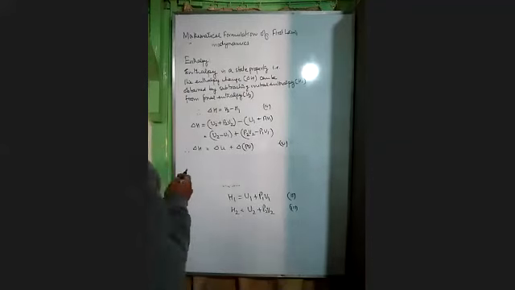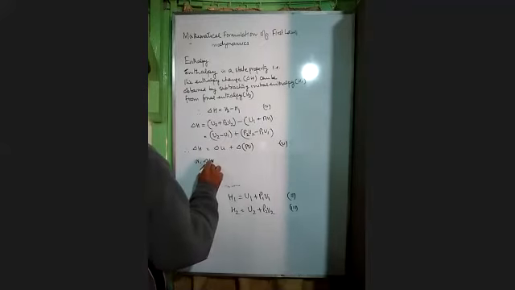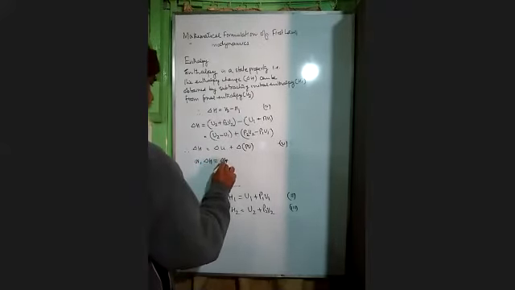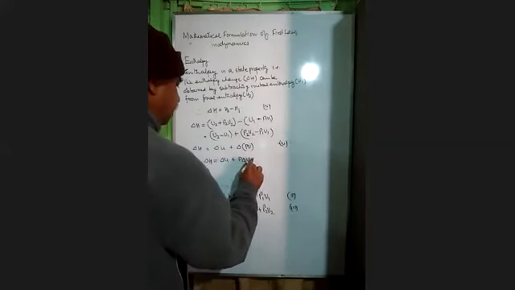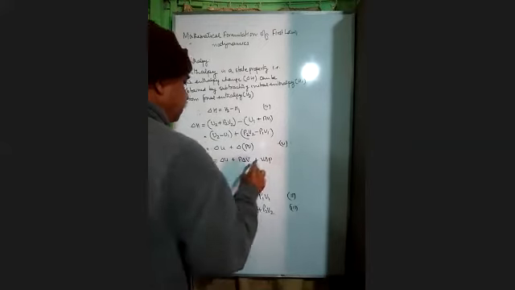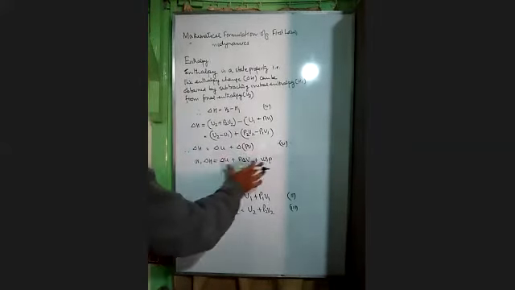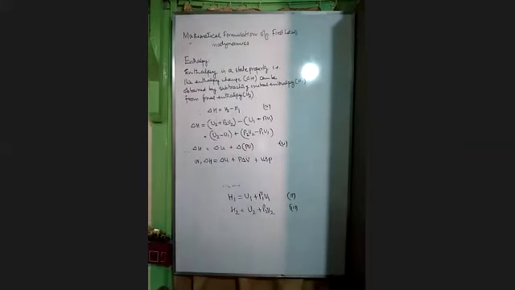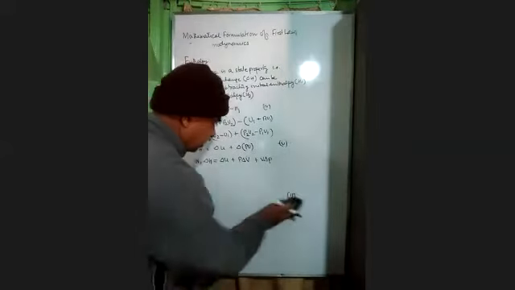See here. I can write delta H is equal to delta U plus P into delta V plus V into delta P. This I've expanded.